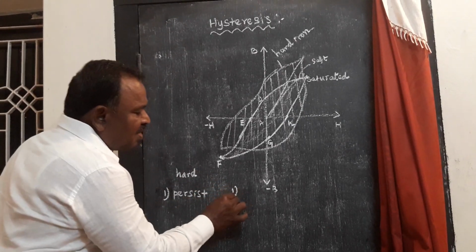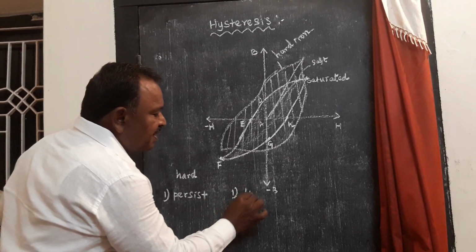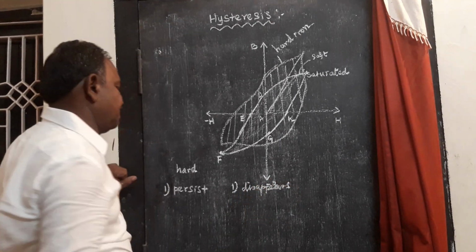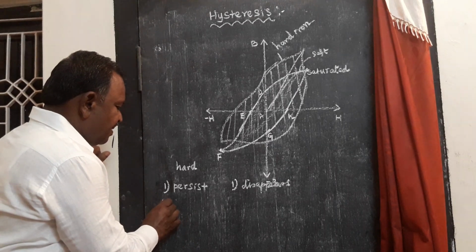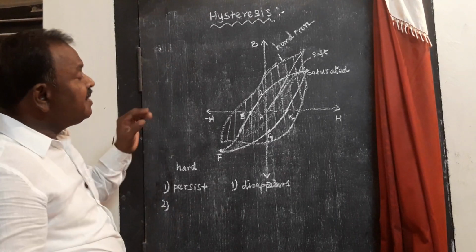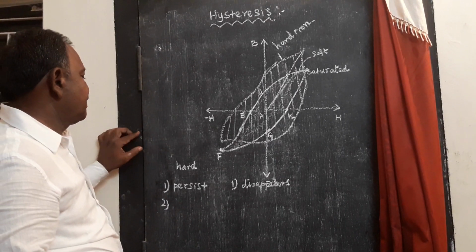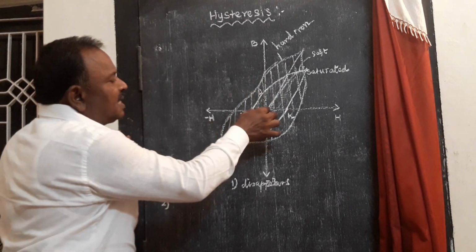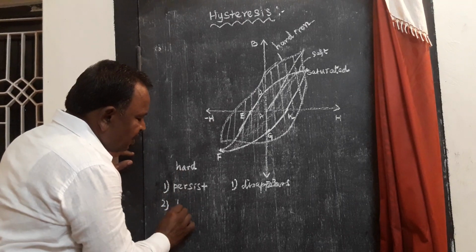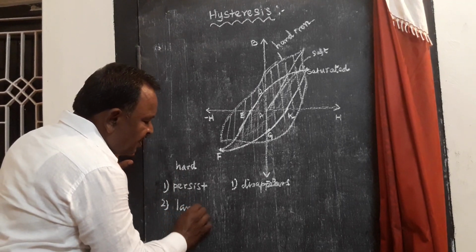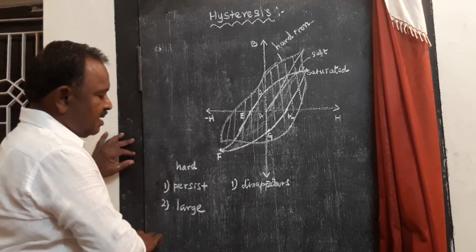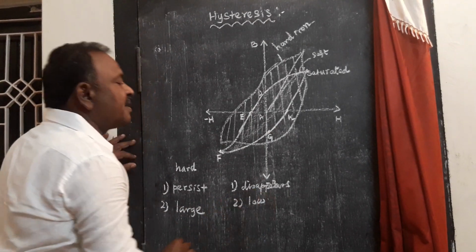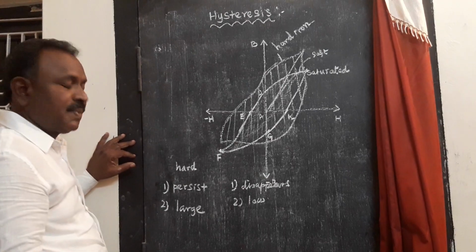In the case of soft iron, it disappears. Secondly, retentivity and coercivity are large in the case of hard iron and low in the case of soft iron.